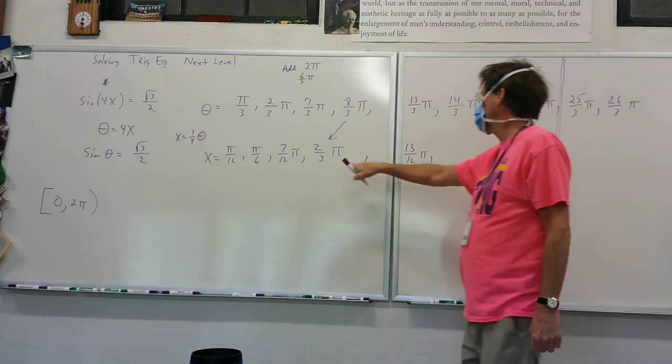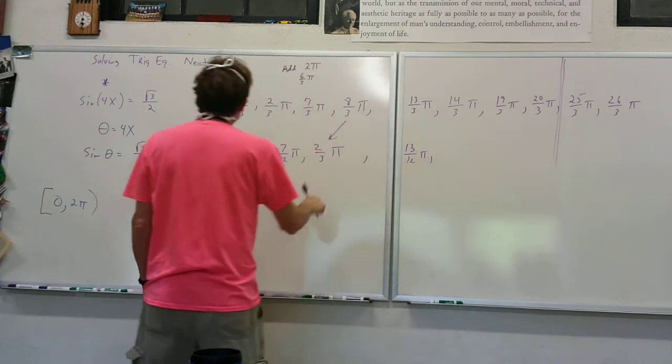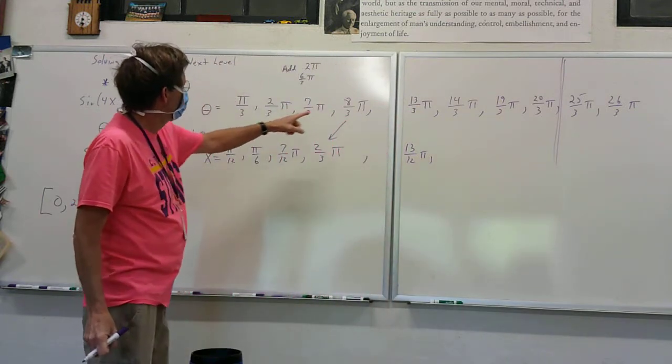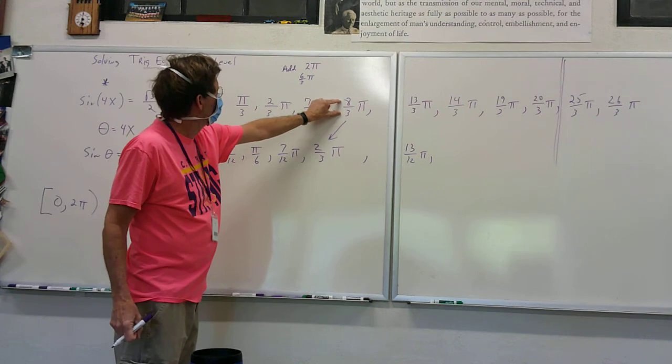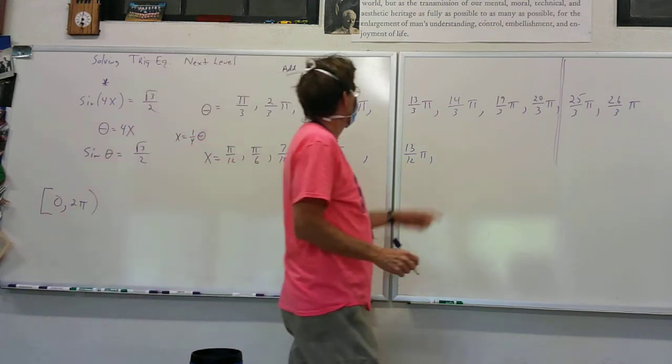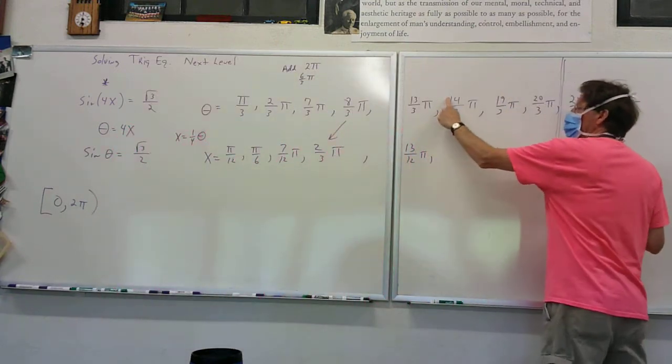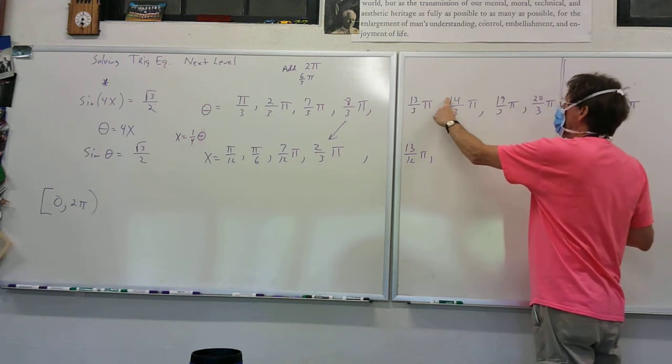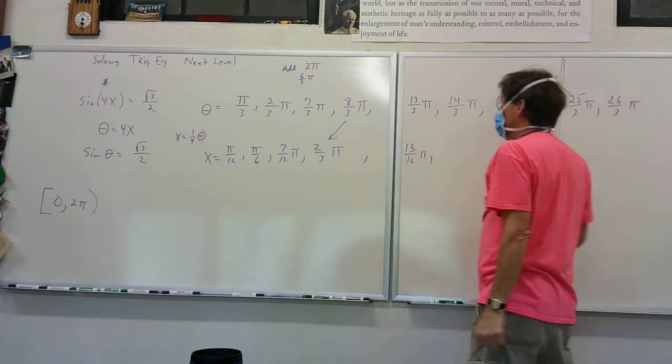Someone says, Mr. Evans, that number right there is wrong. 1/4. Yeah, no, that is right. Okay. 1/4 here. 2's divide out, 7/3.